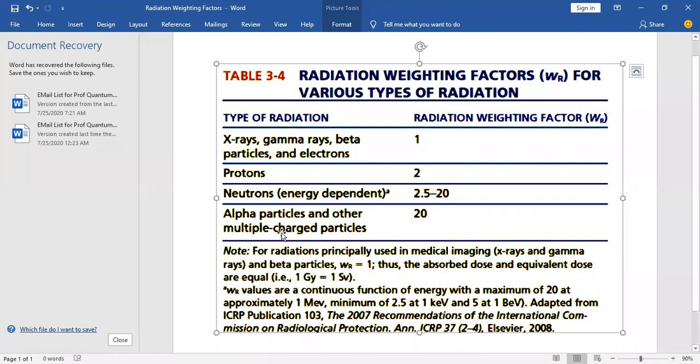Then for alpha particles and other multiply charged particles, they can have many values, the maximum being around 20. So for us in radiology, the absorbed dose and the equivalent dose are usually the same thing because the radiation weighting factor is 1.